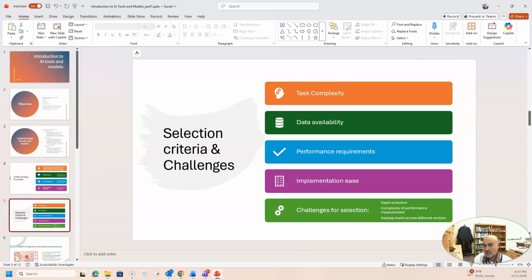However, even though the comparative analysis is difficult, the evolution of these tools is really dynamic and very, very encouraging.